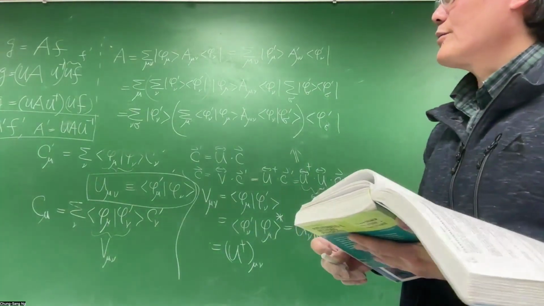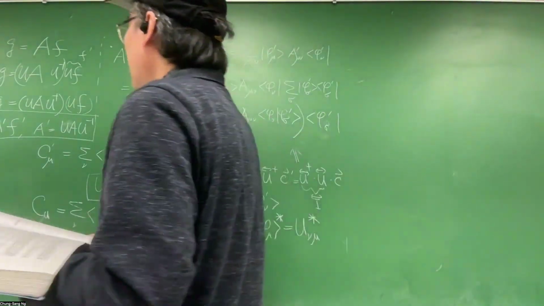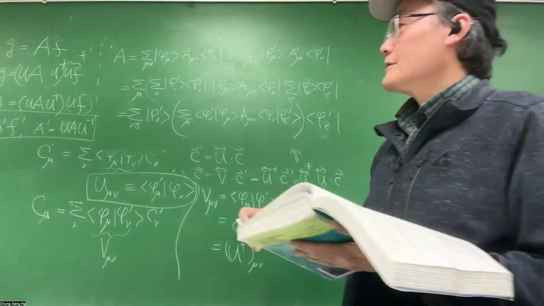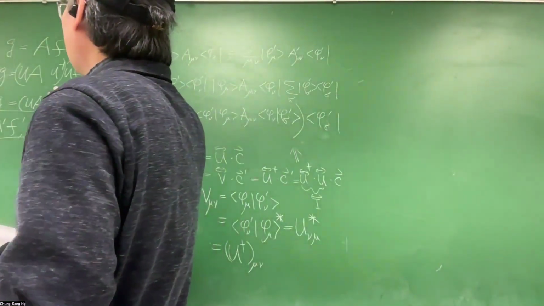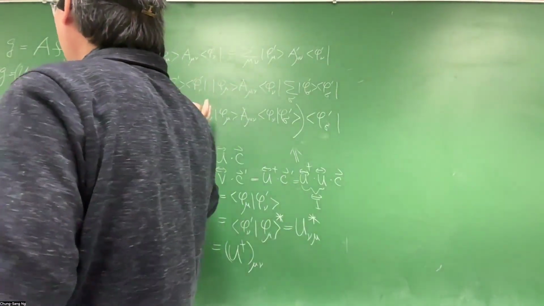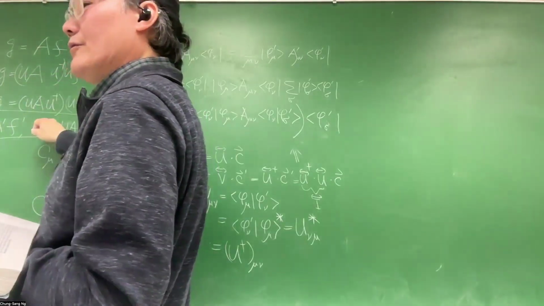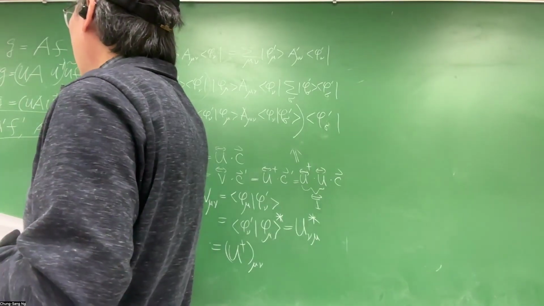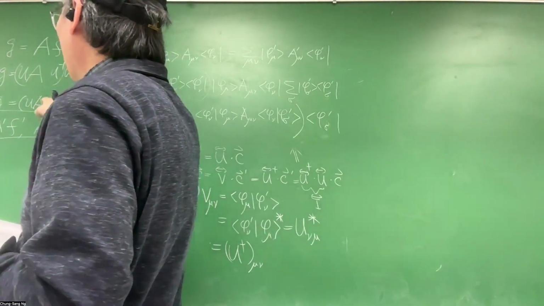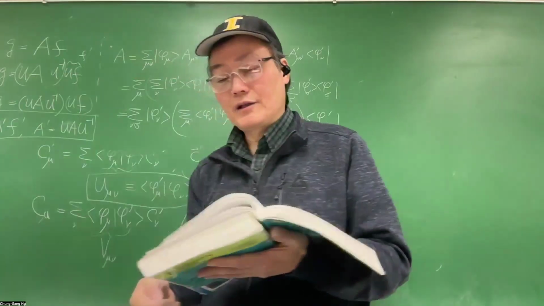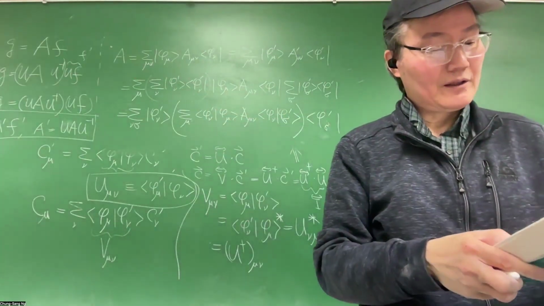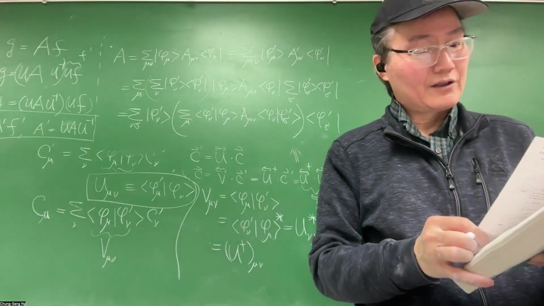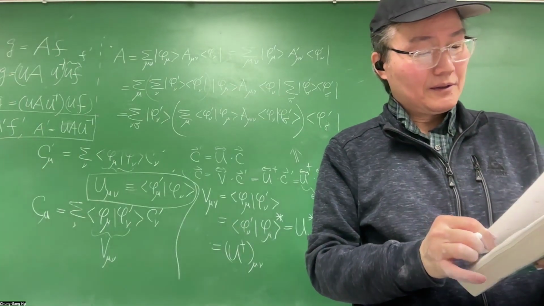It's not a unitary transformation, so it's not like a basis transformation like what we did. For a basis transformation, U inverse is U dagger, but a similarity transformation doesn't have that. Sometimes it's useful to have this kind of transformation also.